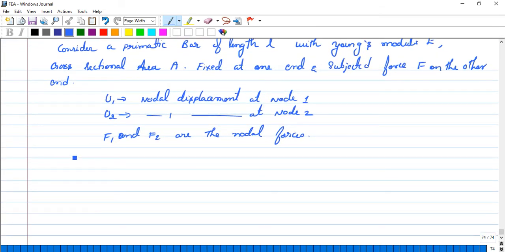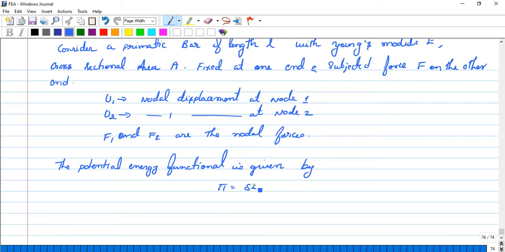Then the potential energy functional is given by, we know that potential energy is equal to strain energy plus work potential, and the strain energy of a bar is given by AE by 2 integration 0 to L (dU/dx) whole square dx.